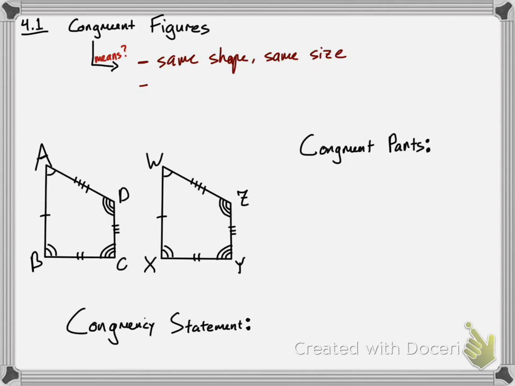Now, what that means to us, same size and same shape, is that all corresponding parts are equal. So all the parts that are in the same position are congruent to one another.